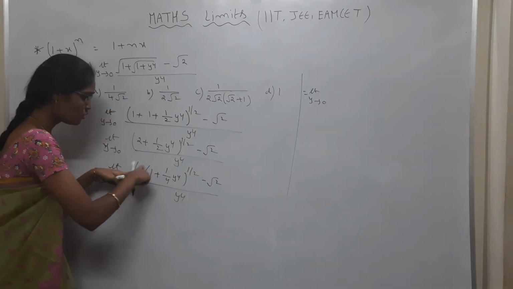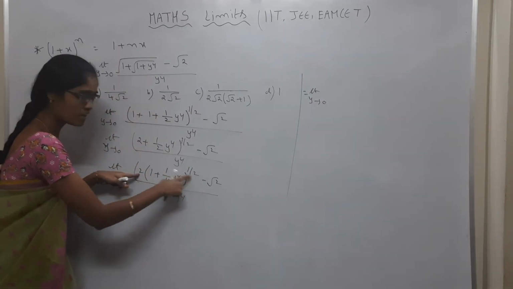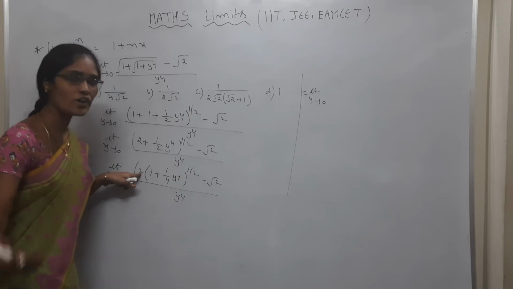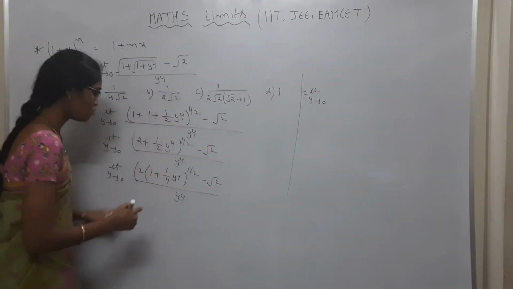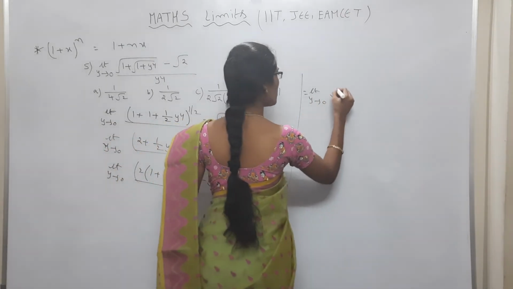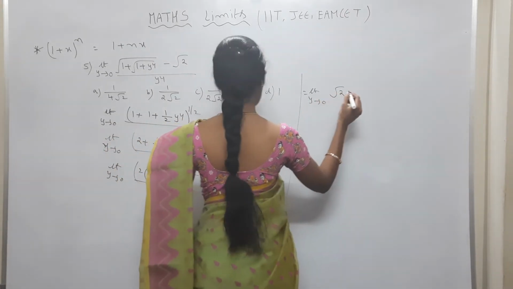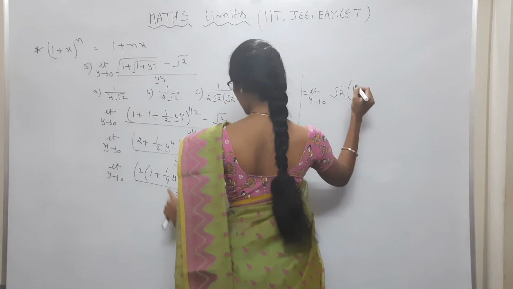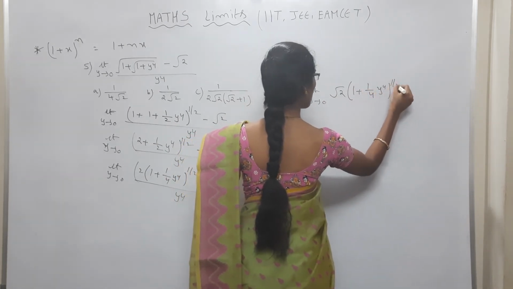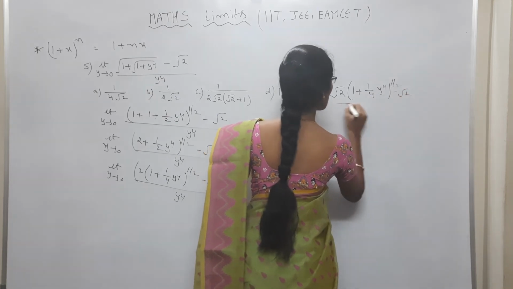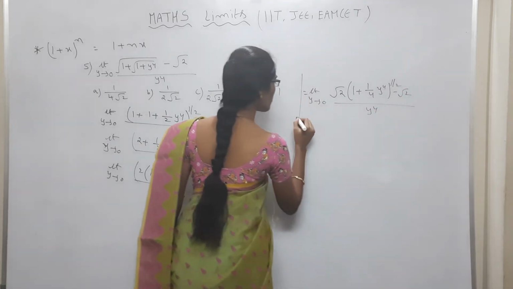This 2 whole to the power of 1 by 2, how can you write? Root 2. So here also root 2 and this is root 2. Root 2 into 1 plus 1 by 4 into y power 4, whole to the power of 1 by 2, minus root 2 by y power 4.